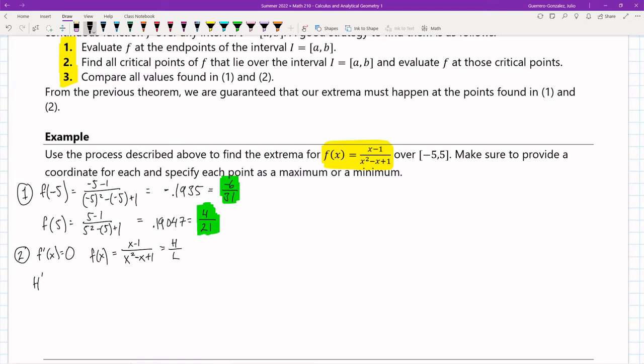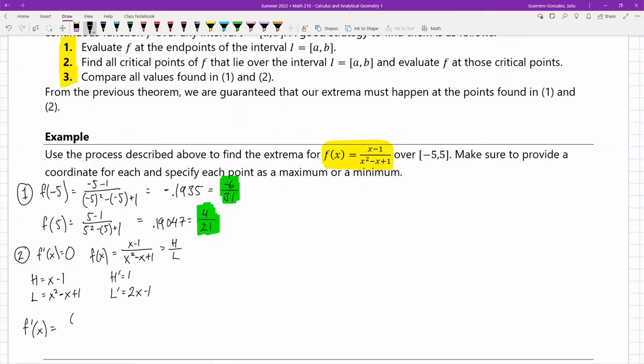High, let me separate them out first, is x minus 1. Low is x squared minus x plus 1. So high prime is 1. Low prime is 2x minus 1. Therefore, f prime of x, we get to follow our quotient rule here.